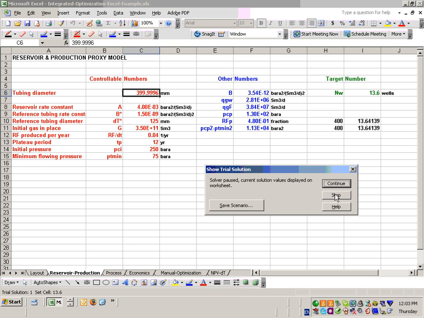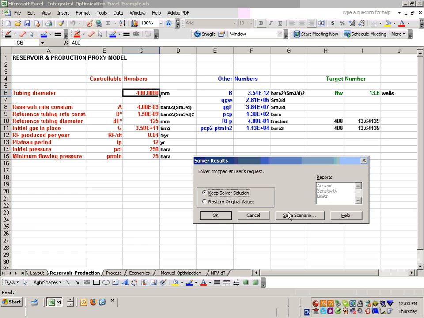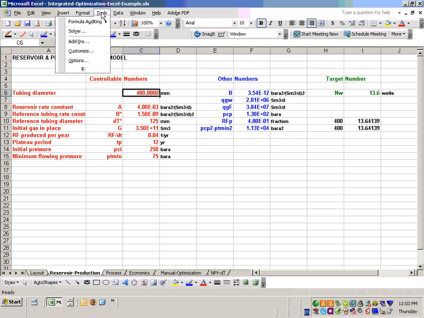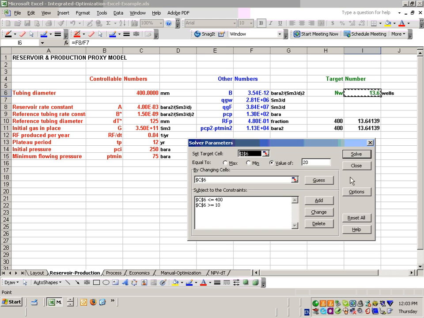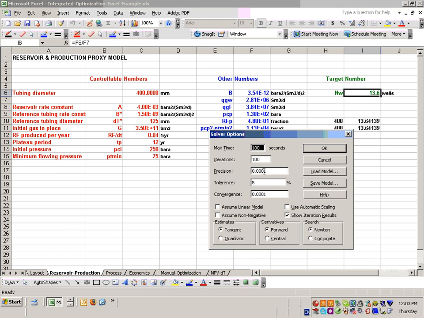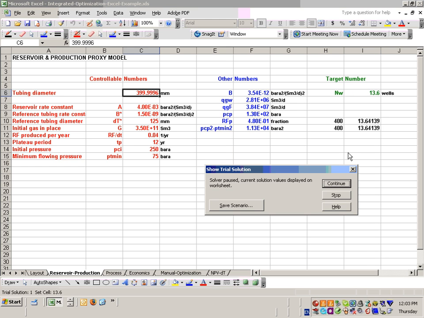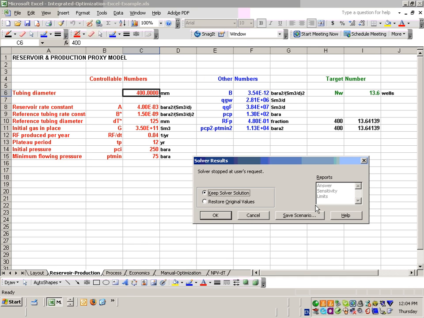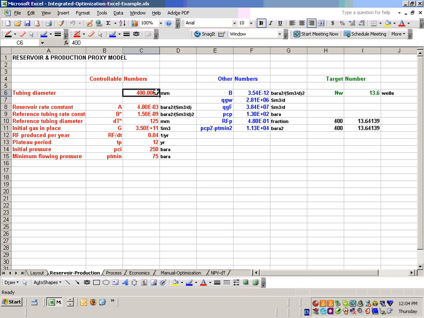Okay, so let's try to go back and change that again. Do you think it's still the point one, as low as that? Okay. So that's not changing, it doesn't seem. Can you try another method?